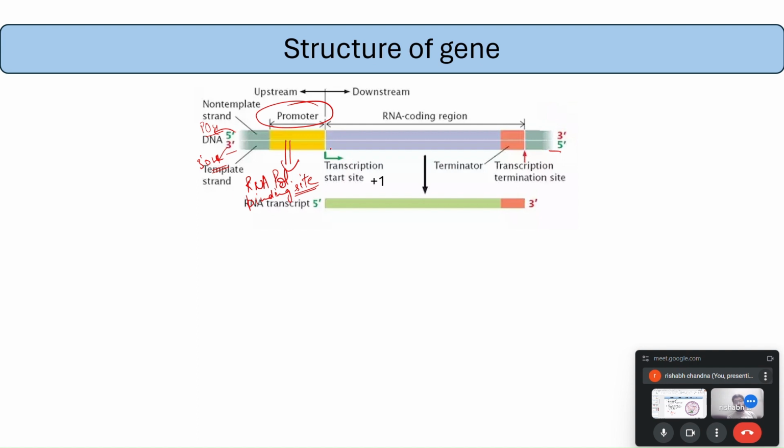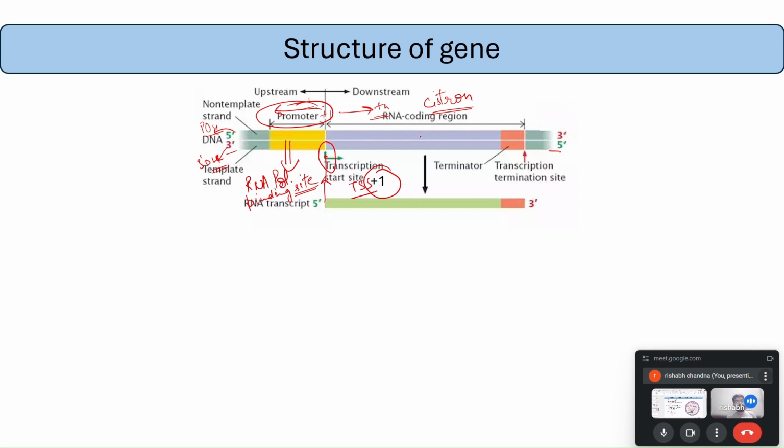Then we have the transcription start site, from where the first base of the RNA is added. This will be labeled as TSS in the further slides, and it is considered the +1 position. Anything before that, the promoter region, will be in the minus range, and anything after that will be in the plus range.